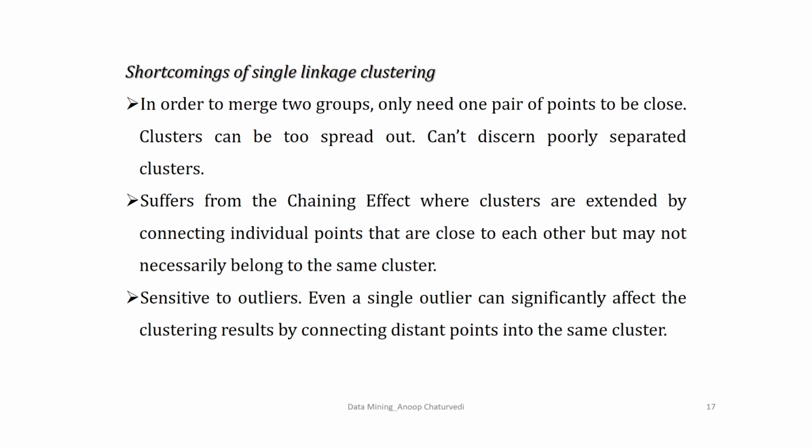Now, there are certain shortcomings of single linkage clustering. Say, in order to merge two groups, we only need one pair of points to be close. We are considering only 2 points, one point from one group and another point from the other group, the 2 points which are closest to each other in the two groups.